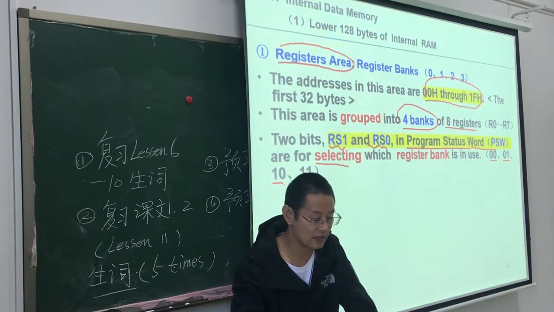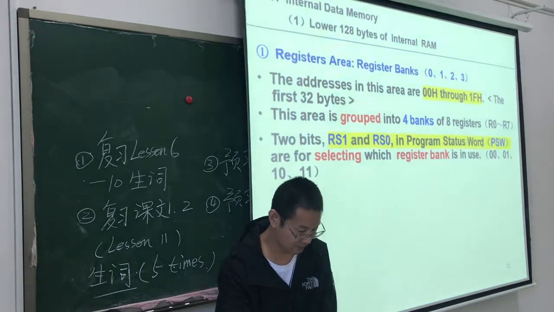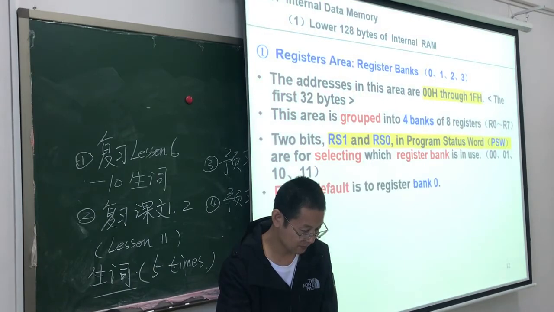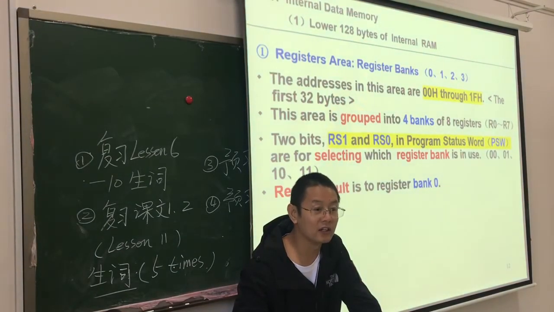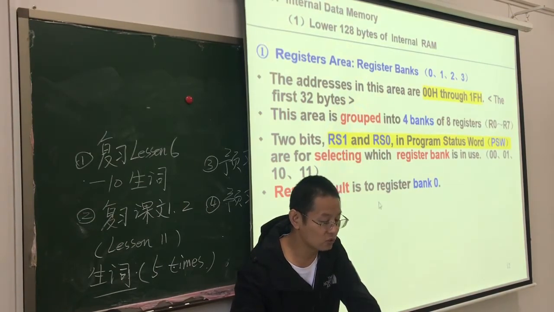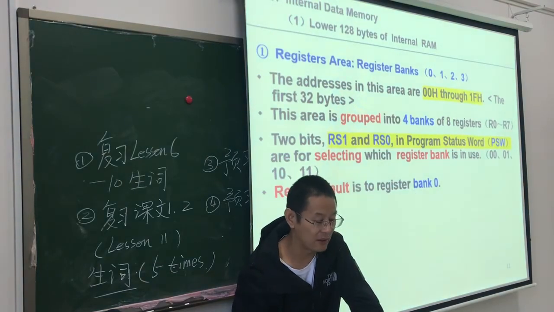So you can select your bank and use the registers. When the microcontroller 8051 is reset, the default is to use bank 0. When you power on your microcontroller, bank 0 is selected.